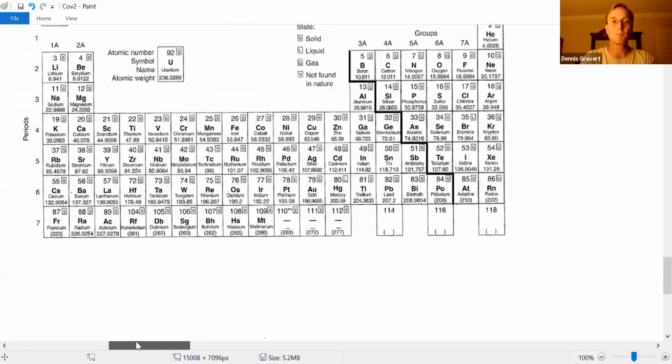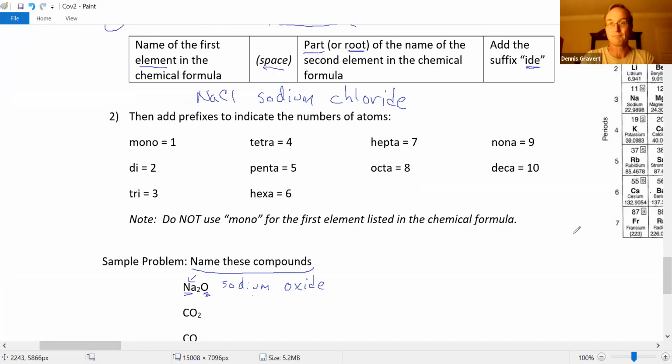So we start out by giving it an ionic name. So I would say C, the element name is carbon. Ox is, well, it's oxygen for O, but we're going to just grab the ox, add ide. So carbon oxide, if it was ionic, we would be done.